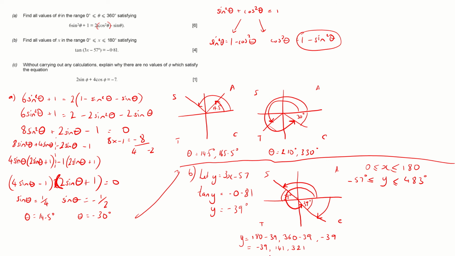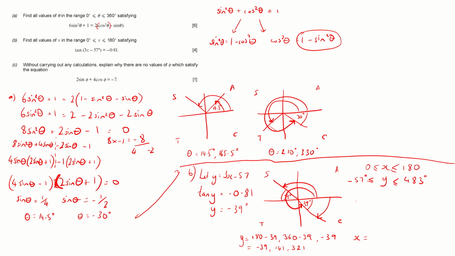Now, those are my three answers for y, but let's not forget that we changed the range to include y. So now if I want to go back to x, I need to do the opposite things. If those are my three y answers, for my three x answers, to go back to what I had initially, well, I did times by 3, take away 57, so reverse those directions: add 57, divide by 3.